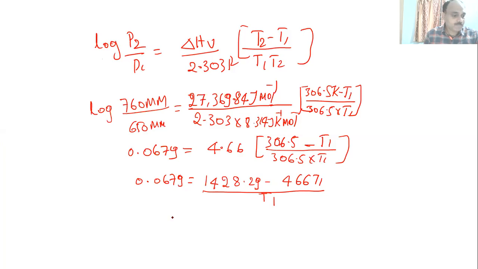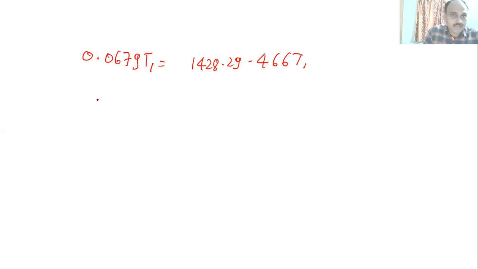And further, this T1 we can send here: 0.0679 into T1 is equal to 1428.29 minus 4.66 T1. And further, 0.0679 T1 is equal to 1428.29 minus 4.66 T1.